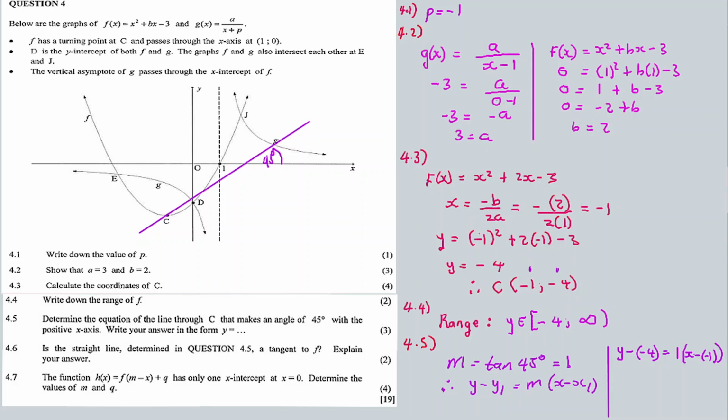Then we simplify these brackets: y plus 4, x plus 1, and the gradient is 1, multiplied by the bracket x plus 1. Then I transpose the 4 to the right hand side. You get minus 4. So my answer will be y equal to x minus 3, since 1 minus 4 is equal to -3. So this is the equation of our straight line.